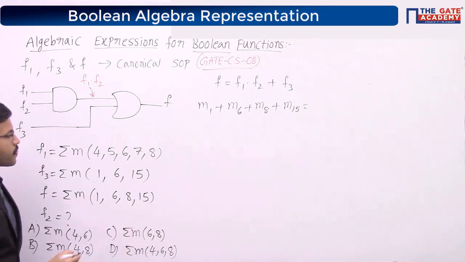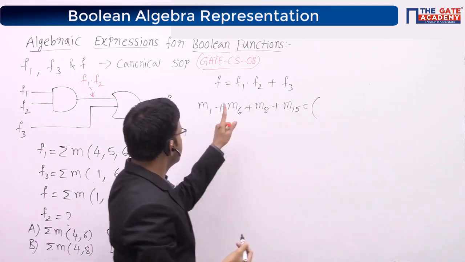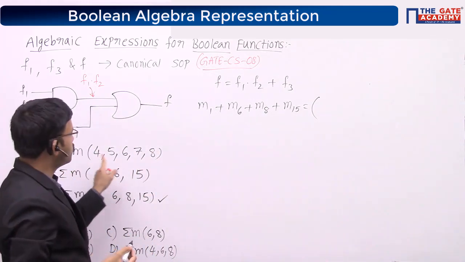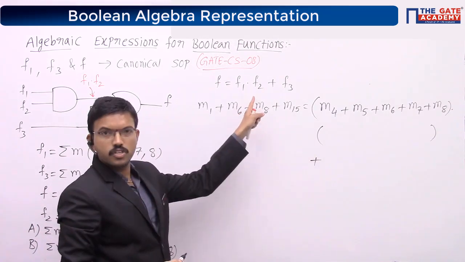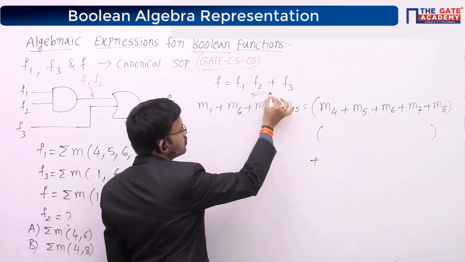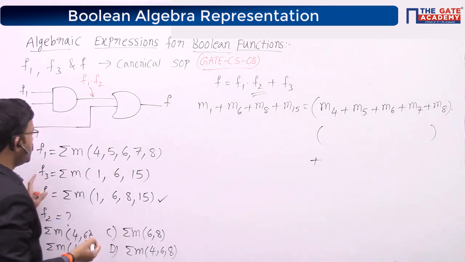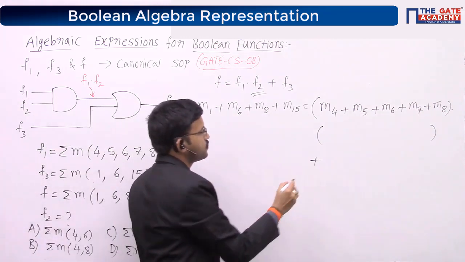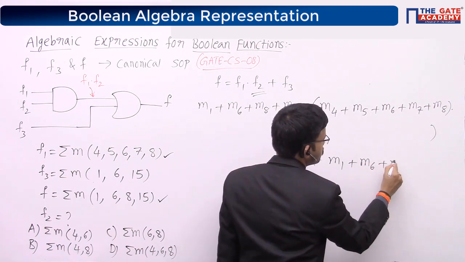Equal to F1, F1 he has given, these are the minterms 4, 5, 6, 7, 8, into F2. F2 we don't know, we have to find out the F2 value. Plus F3. F3 he has given sigma m 1, 6, 15: M1 plus M6 plus M15.